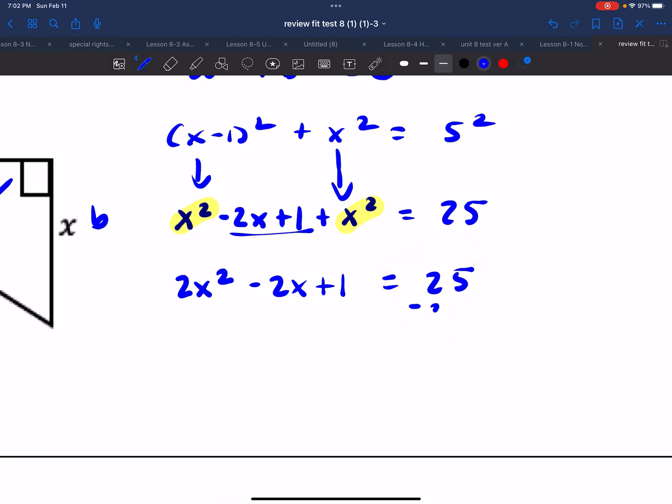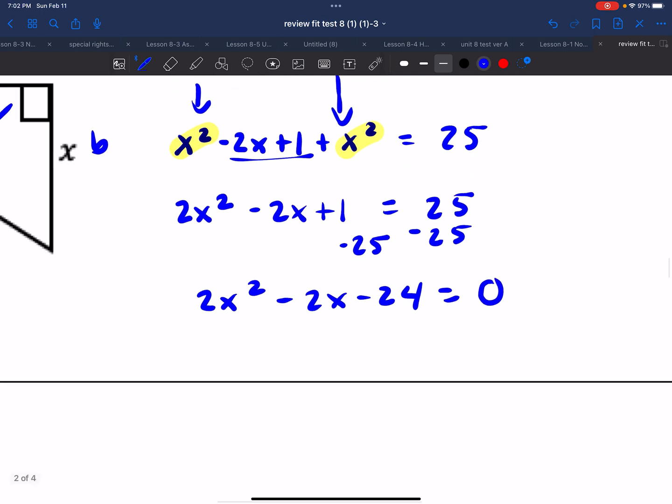I'm going to minus 25 on both sides. You get 2x squared minus 2x plus positive 1 minus 25. That is, sorry, that's not plus. So it's 2x squared minus 2x minus 24 equals 0. And then look, you have that trinomial.